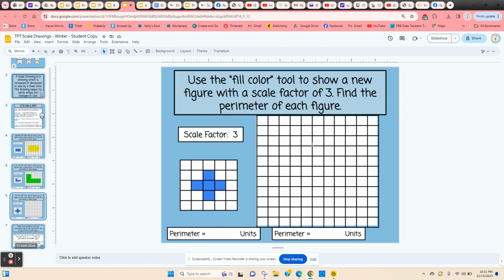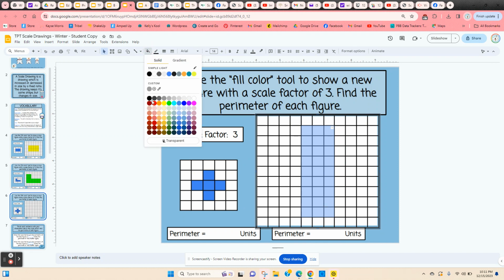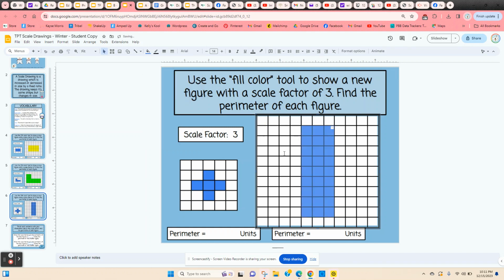The next one's a little bit more difficult. So let's see, let's start here. Scale factor of 3. And you might want to do this with the students if they have any trouble with this.